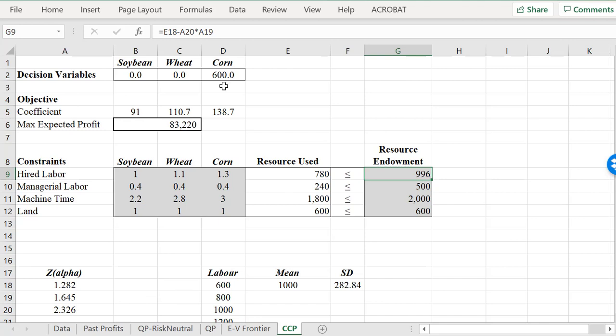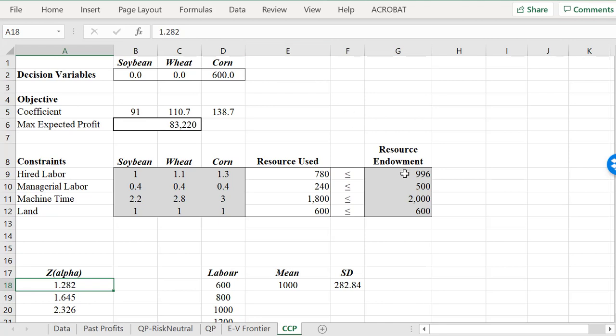What you can do is resolve this problem by choosing different Z alpha values. I just showed you one alpha value. Let me also show you when you choose alpha equal to 10%, and this is the Z alpha value corresponding to alpha equal to 10%.